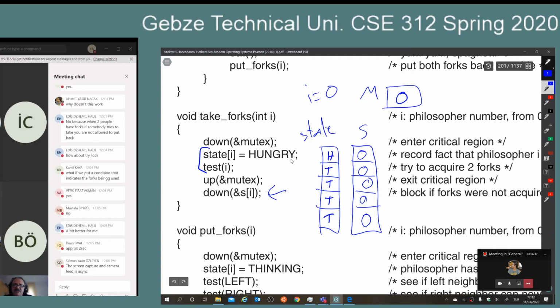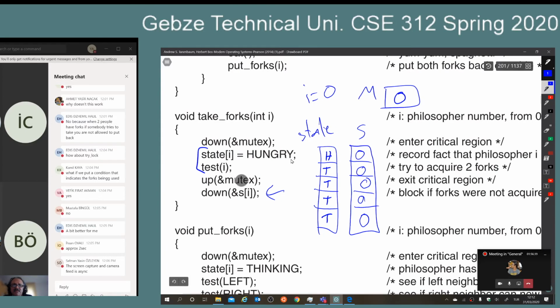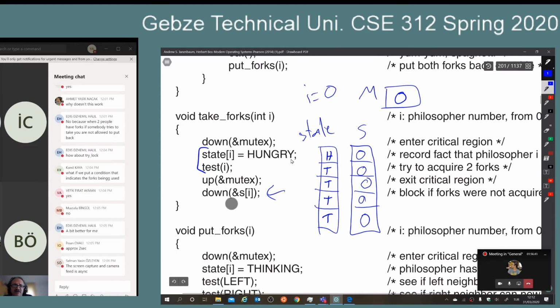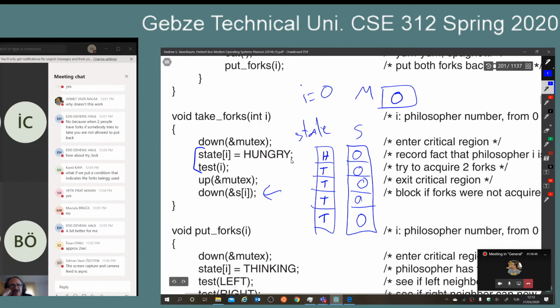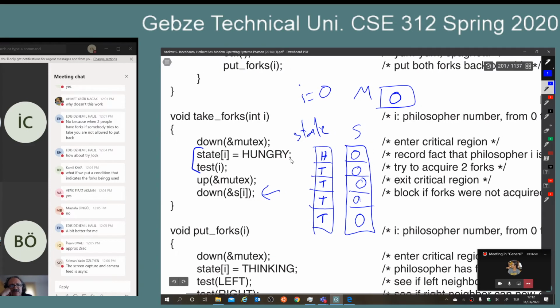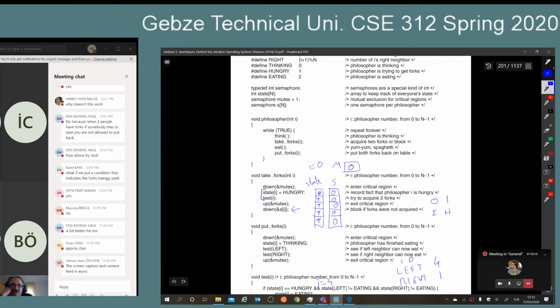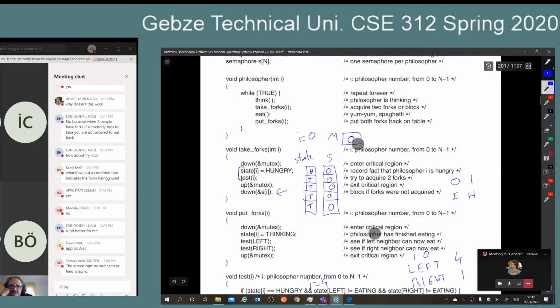This is my critical region. I will up my mutex so that all other people can come in, and I will down my S I. At the beginning everybody is already 0.